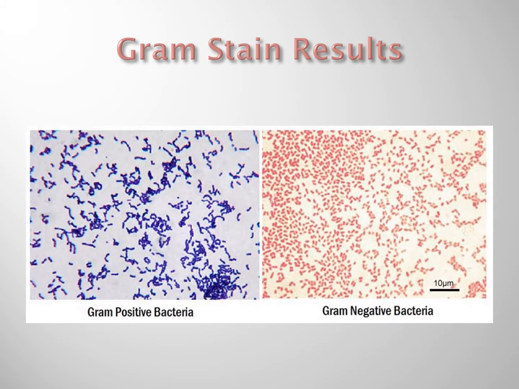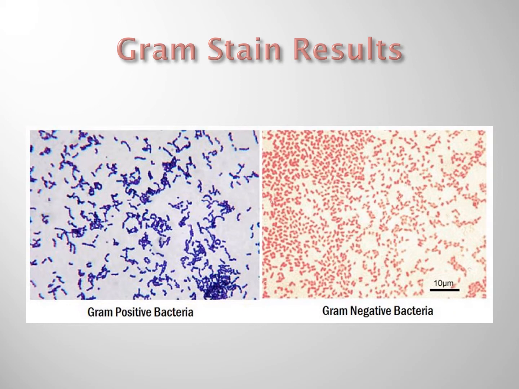Okay, and here's just an image of gram-positive staining and gram-negative bacterial staining. You can see that gram-positive bacteria, which tend to have a thicker cell membrane and more peptidoglycans on the cell membrane, hold the stain much, much darker compared to gram-negative bacteria, which have a thinner cell membrane and don't hold the stain as well.